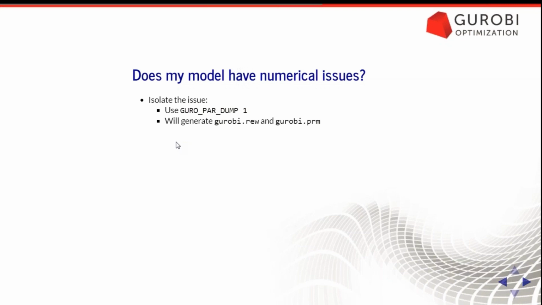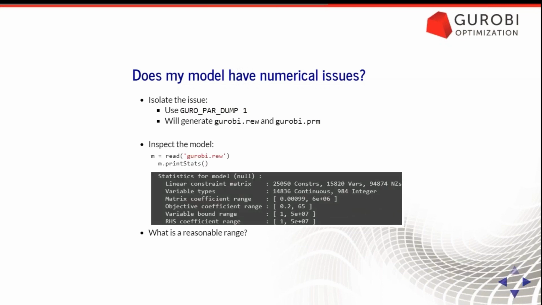And this is key because those parameters will affect which algorithms are used and how they are used. So to really be able to reproduce whatever you're seeing, you need these two files. After getting those, you can try to read the model back in Python and inspect it.